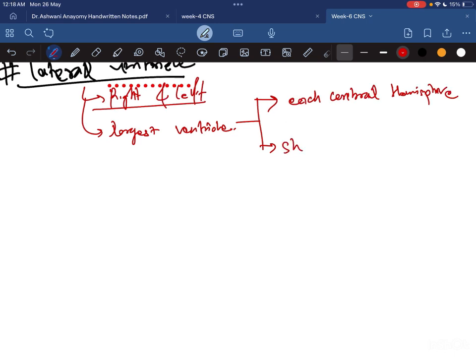Looking at its shape, it is a complex or C-shaped structure with a lot of parts.